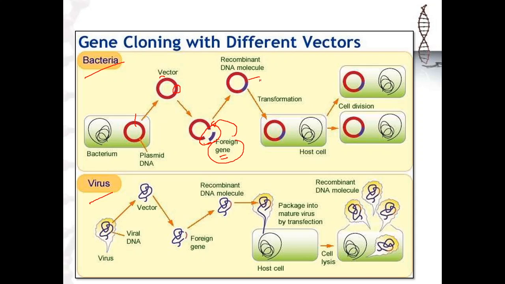When this DNA molecule is inserted into the host cells, and when the host cells divide, the recombinant DNA participates in the cell divisions of the host cells. That's why we now have the cloned, multiplied recombinant DNA through replication within the host cells. So it allows replication within the host cell.